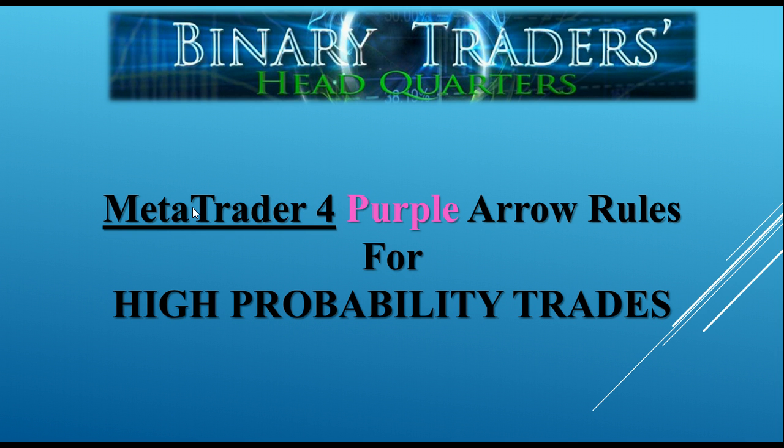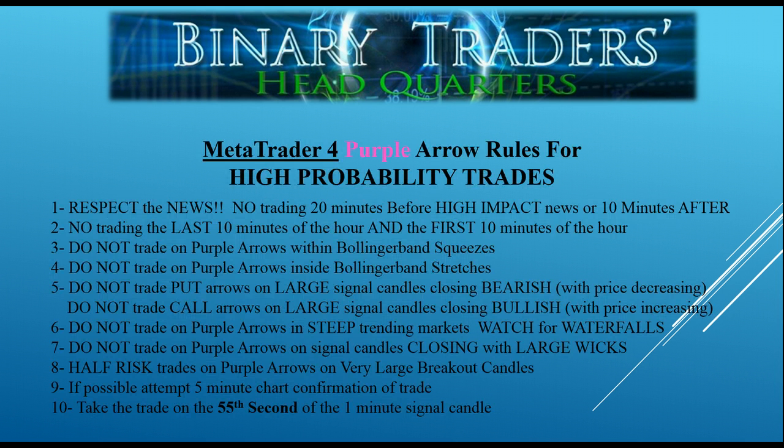We'll get right into the purple arrow rules for high probability trades. We've come together with 10 of them, and it may seem like a lot, but it's really very simple. Once you begin to watch your charts and see these scenarios presenting themselves, you'll see they're all here just to keep you out of bad trades.